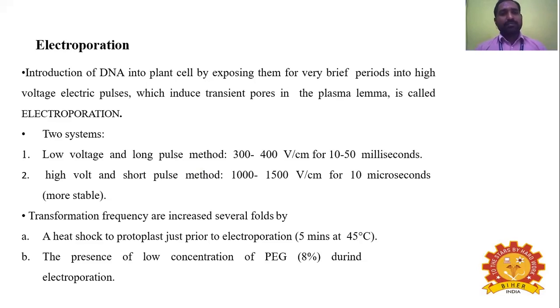Transformation frequency is increased several fold by important parameters like heat shock to the protoplast, that is 5 minutes at 45 degrees Celsius before electroporation. This also has much more impact than the others. Another is the presence of a low concentration of polyethylene glycol, 80%, which can be very efficient for electroporation gene transfer.